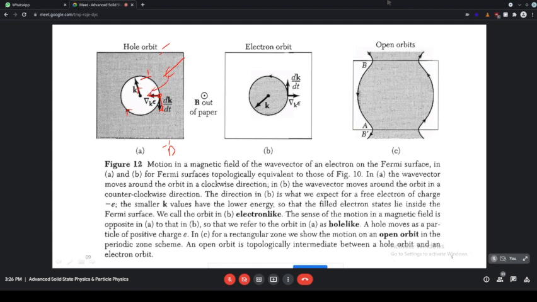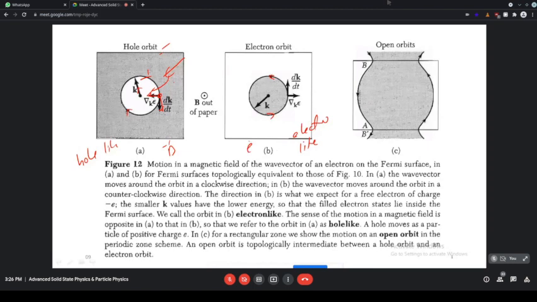If you consider hole like behavior, the gradient will increase from outside to inside. But if you consider these energy levels are filled, then in this case the electron will revolve anti-clockwise, because this is behaving as electron like behavior.